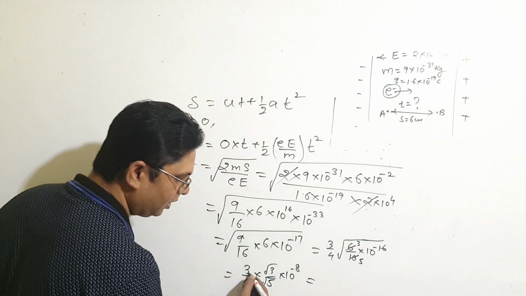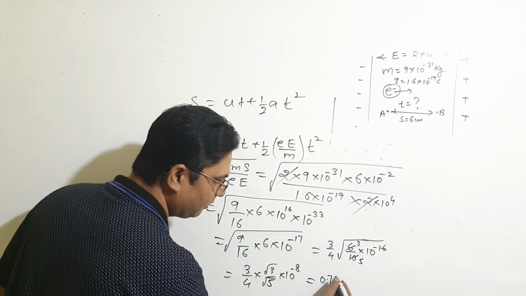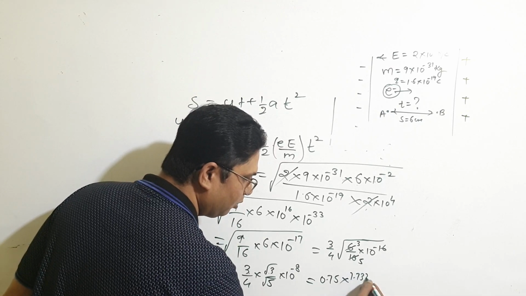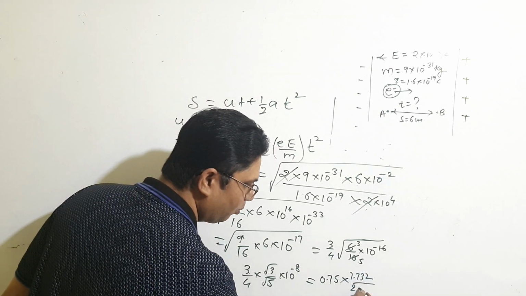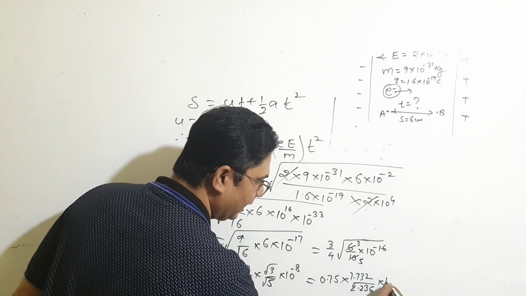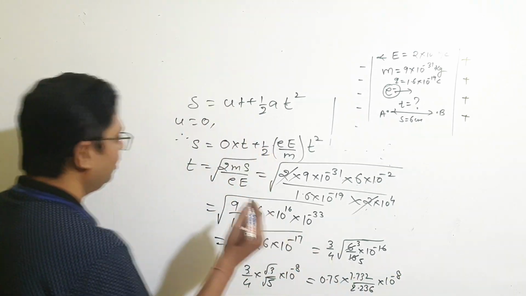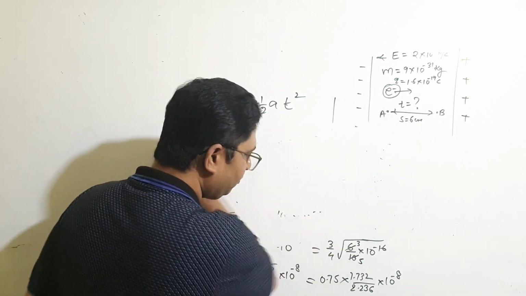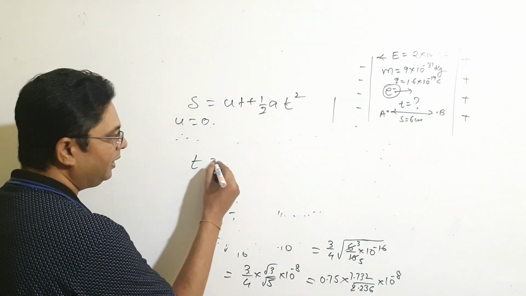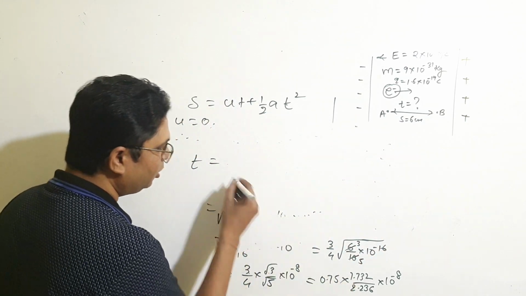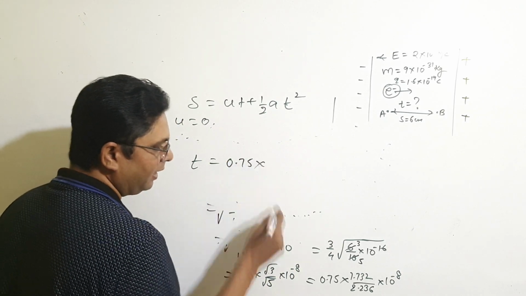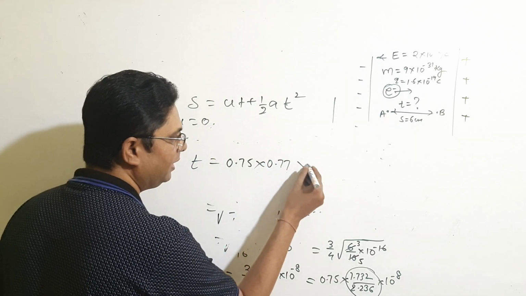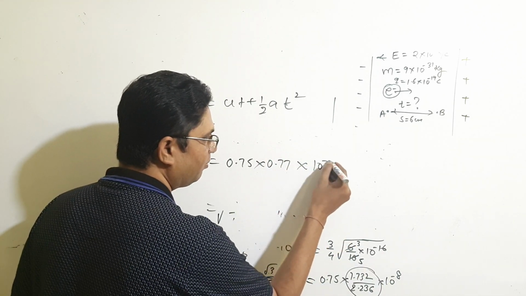So you have 3 upon 4 is 0.75 and root 3 is 1.732 and root 5 is 2.236 and here 10^-8. Now when you write the values, time t equals 0.75 and this is written as 0.77 and here 10^-8.